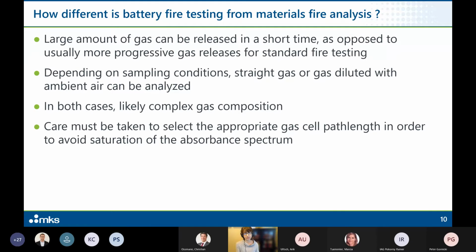In both cases, there's likely to be a complex gas composition, so you want to check the path length you're going to use to avoid saturation, using either path length or dilution.